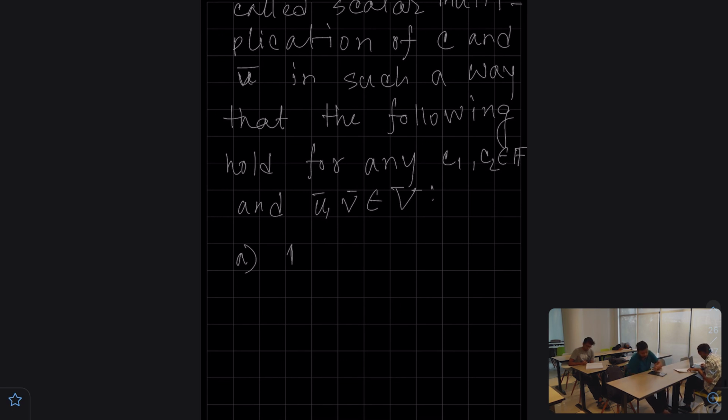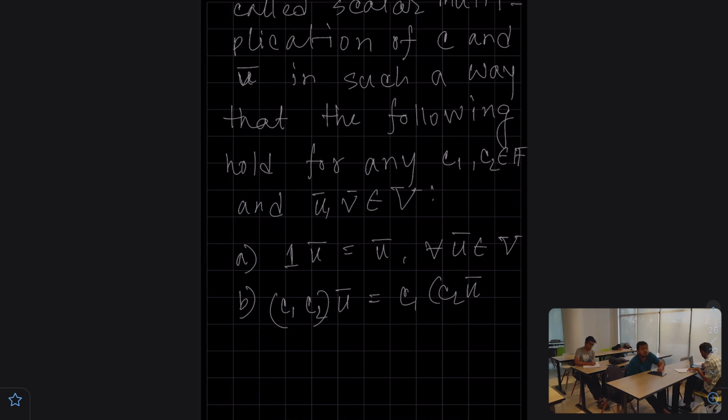A: 1 times the vector u is u for every u belonging to the vector space V. B: (c1 c2) times the vector u is equal to c1 times (c2 times the vector u).